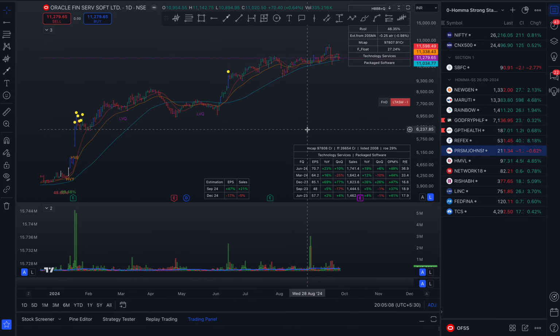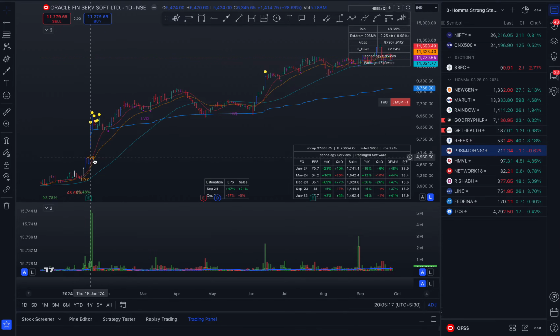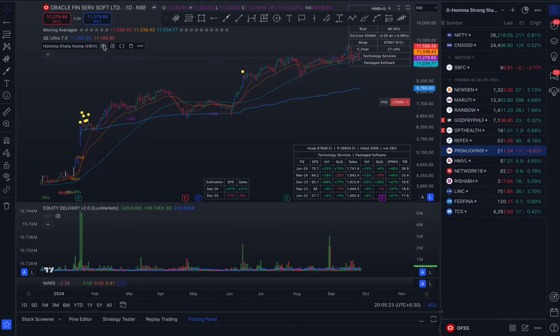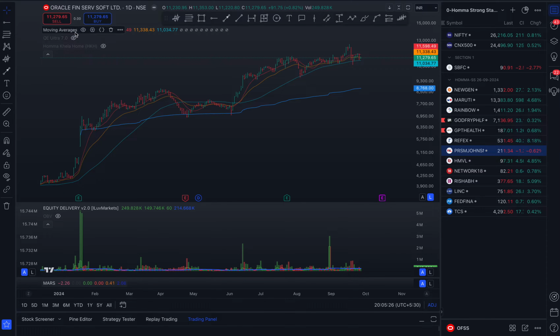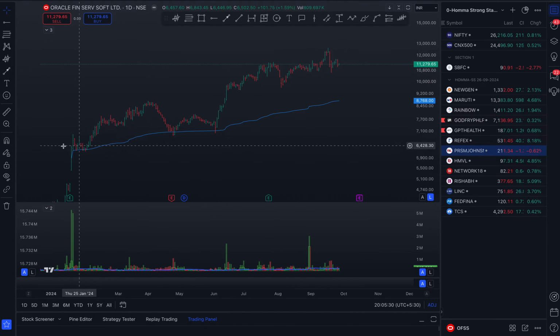If I anchor an AVWAP on this day, which is a huge gap up day, I'll tell you why this is one of the places where one should anchor the AVWAP. Then you will get something like this.